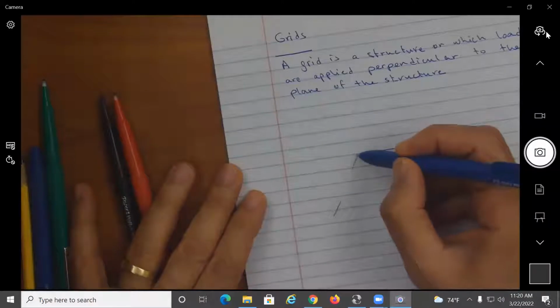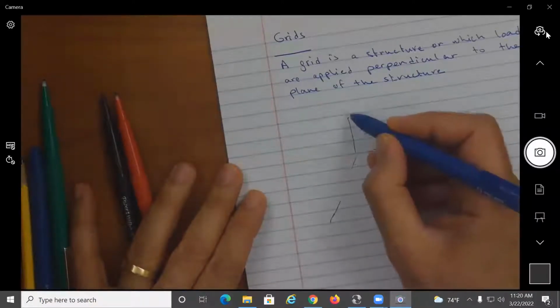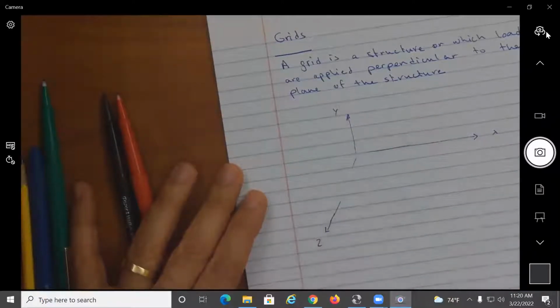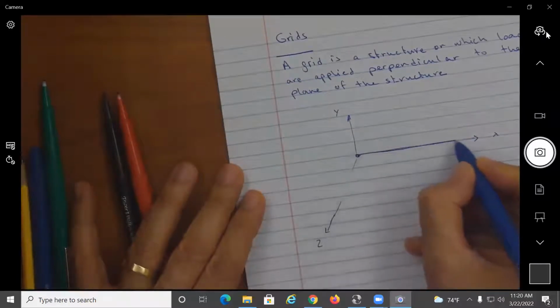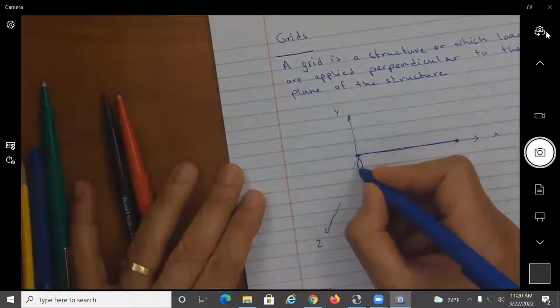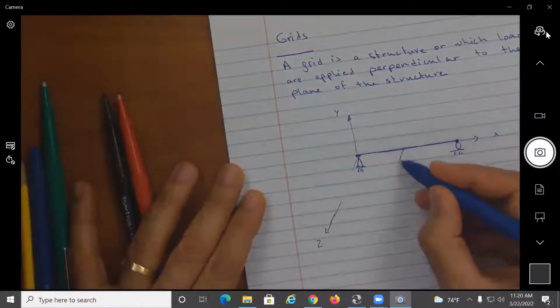So if I want to describe it, let's make this here X, Y, and Z. So a grid could go like this, and extend.